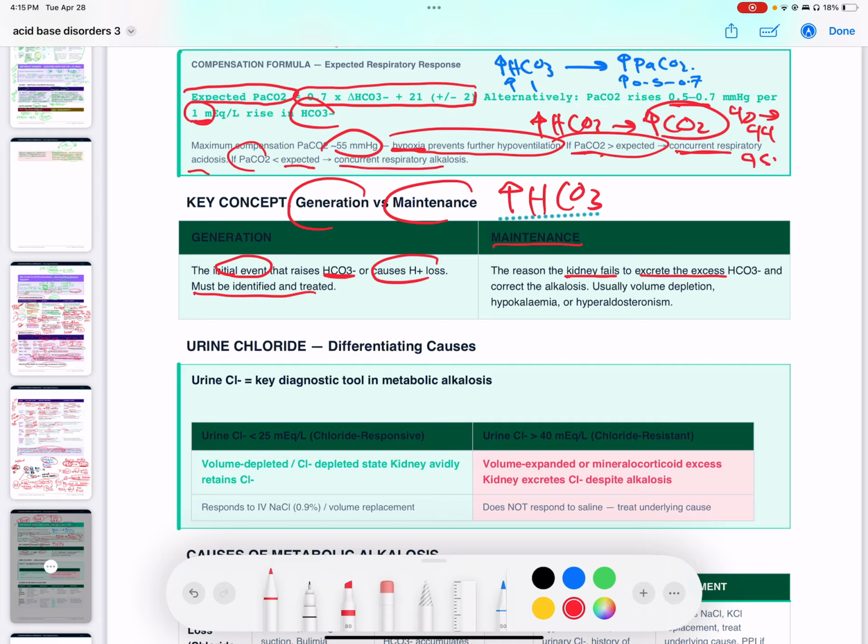Because in metabolic alkalosis, for whatever reason generated that disorder, you have high HCO3. So if you have a healthy kidney, the healthy kidney should kick this HCO3 out and correct it.